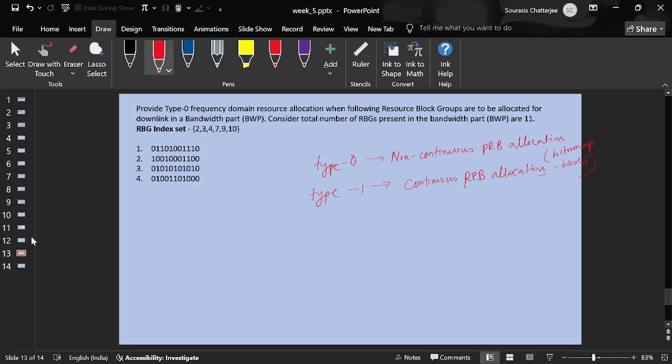Okay, so for type 0, I have the liberty to pick subcarriers in a non-continuous manner. Let's say the first to fifth subcarriers are good, I'll pick them. Then maybe the 11th to 15th are good, I'll pick them. But those are not available in type 1 frequency domain allocation, because in type 1, once I fix my starting position, from that point I have to allocate continuous PRBs.